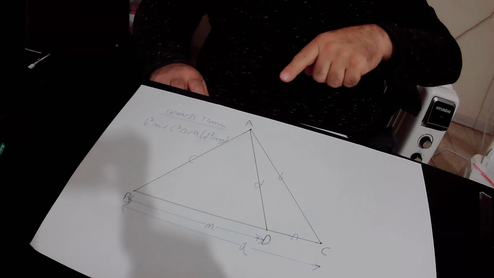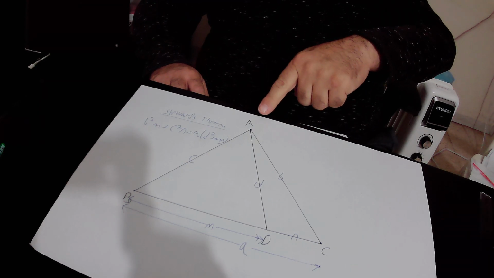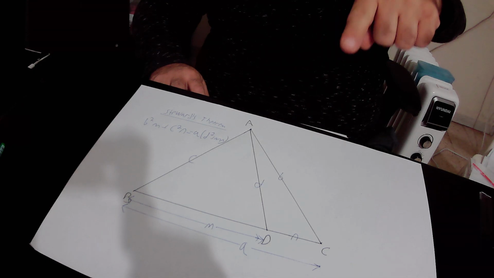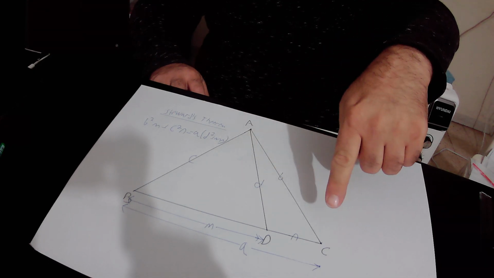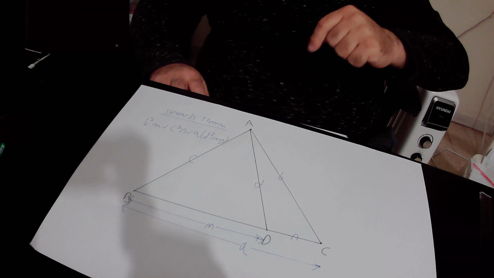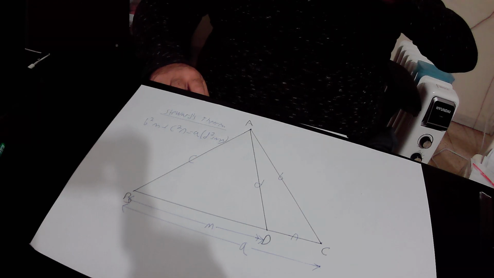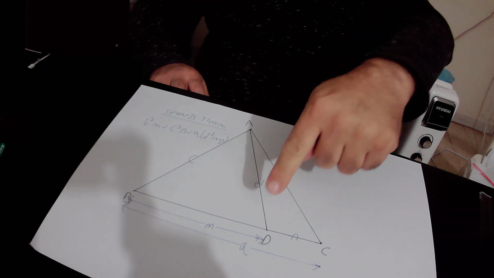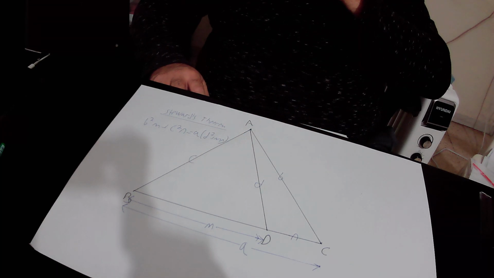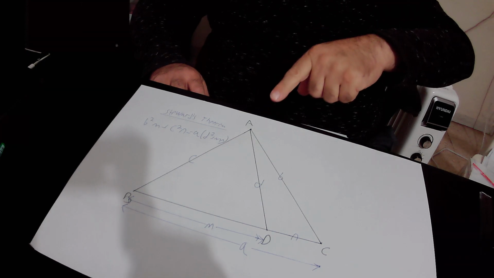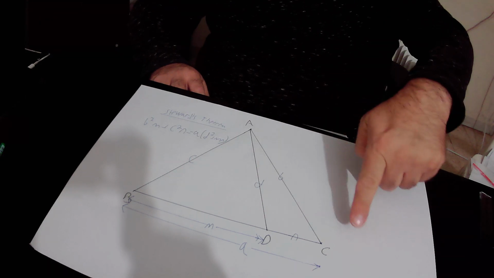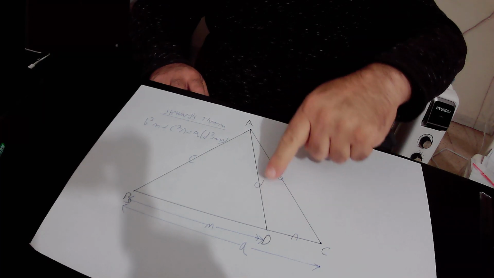It is a line segment that exits from point A, the vertex of the triangle, and falls at a point along side BC, the opposite side from vertex A. So here AD is the cevian.